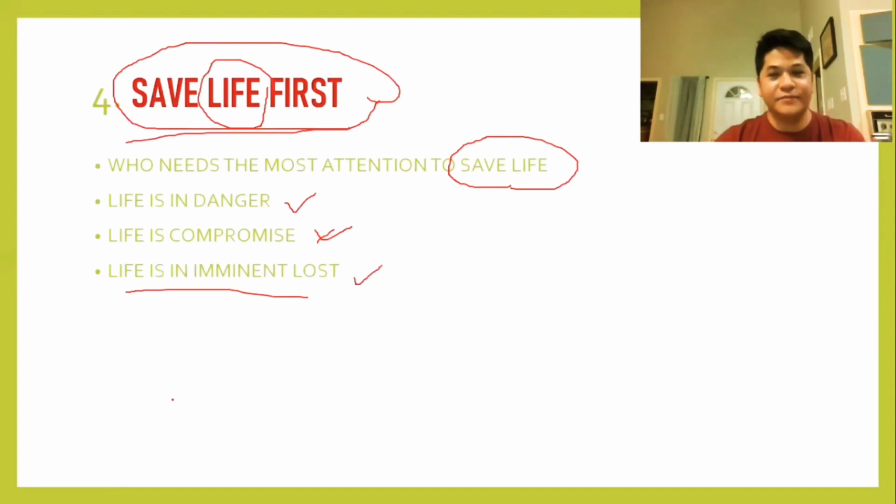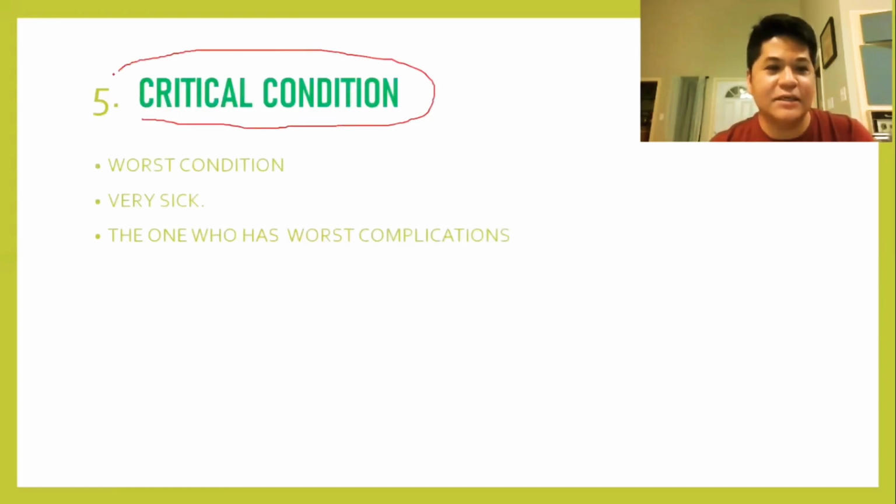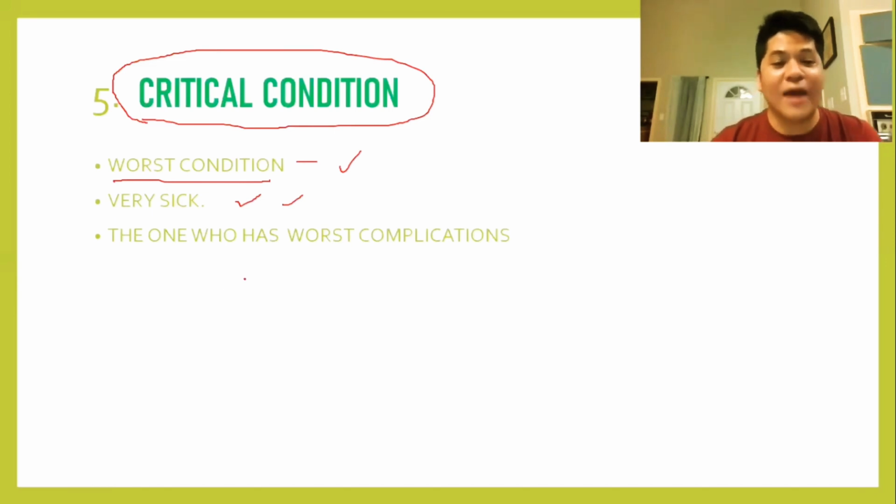Next, critical condition. Now, what is critical condition? Those clients who have the worst condition, remember, that could end their life. Check those clients who are very sick, or who have the worst injury, or who have the worst complications.